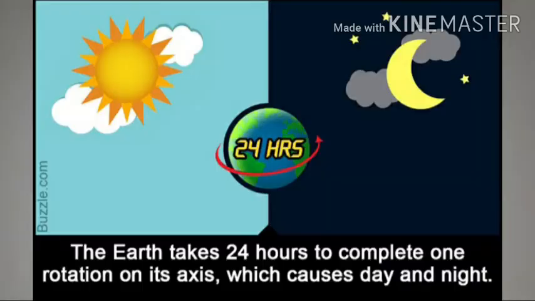As you know, our planet Earth takes almost 24 hours to complete one rotation, and out of 24 hours, more or less 12 hours is day, and the rest 12 hours is night.